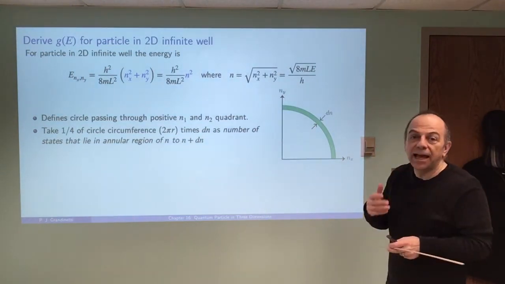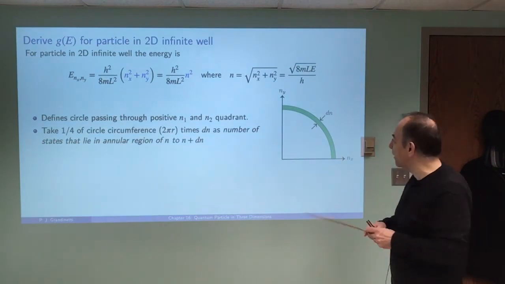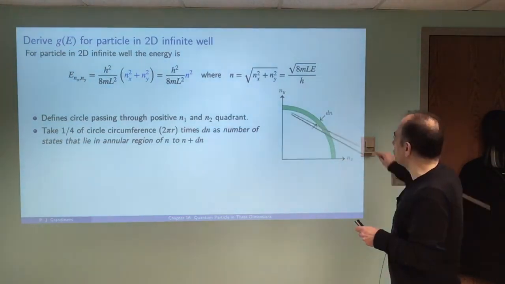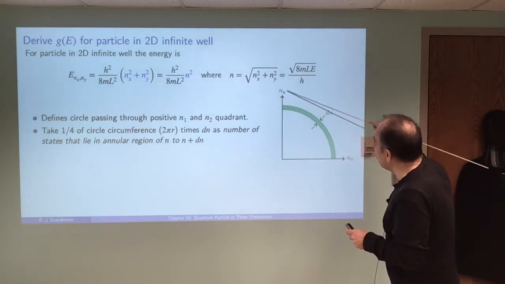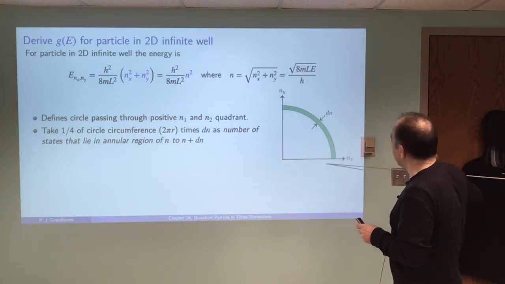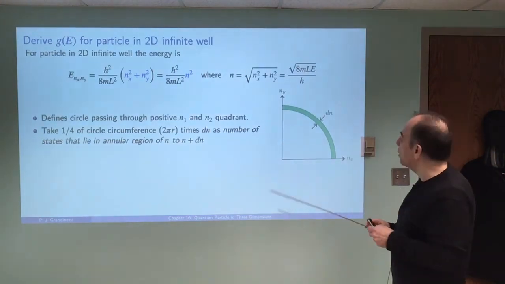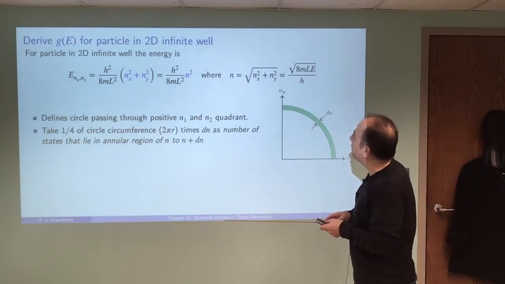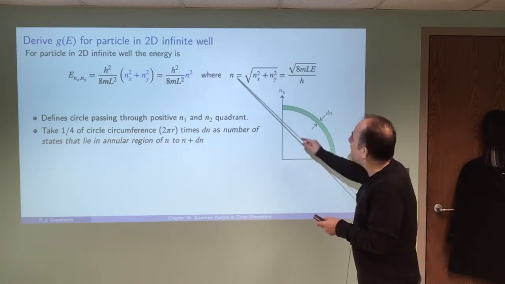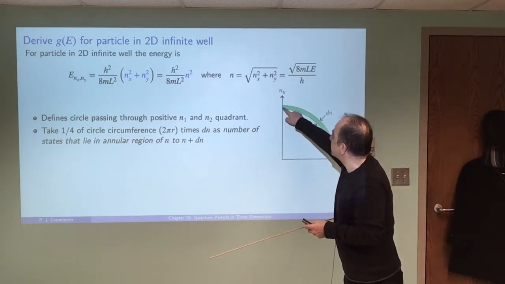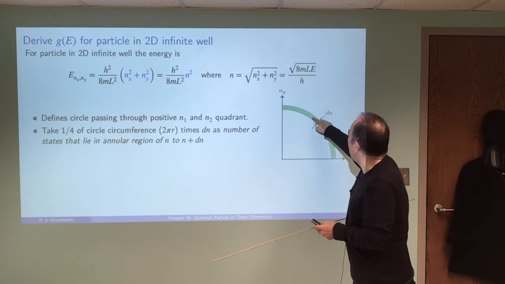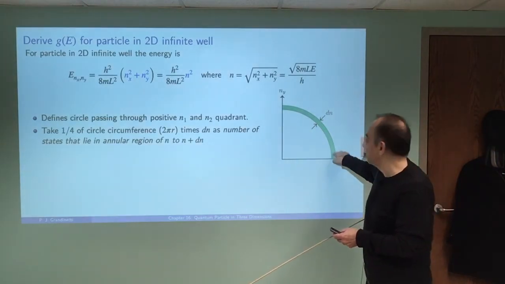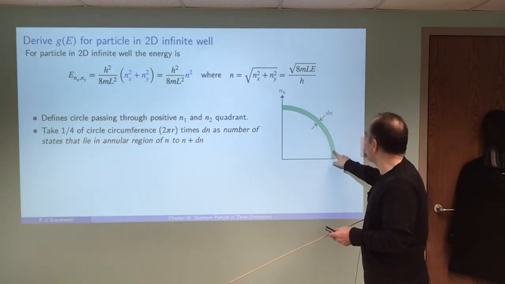And since nx and ny can only have positive values, then we're really looking at the positive quadrant of that circle. So even though the circle goes all the way around, we only allow ny and nx values to be positive. So what we're saying then is that all of the values of n, where nx squared plus ny squared is equal to the same value, are all along this curve, which is this circle.